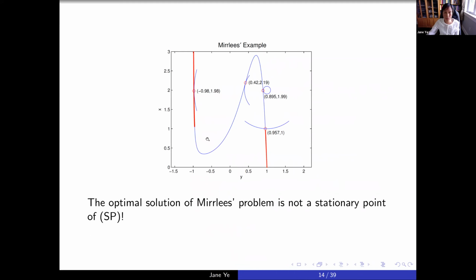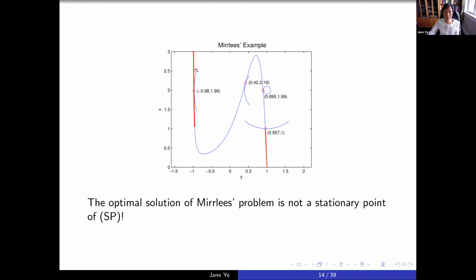So this blue line contains the stationary points. For example, if you take the value x equal to 1, then you go here and you get these 3 points, which are all stationary points. Among the stationary points, you can solve the lower level problem and get the true solution.